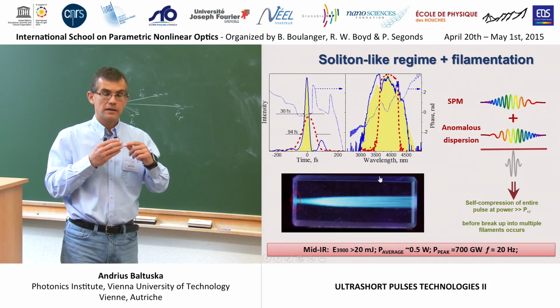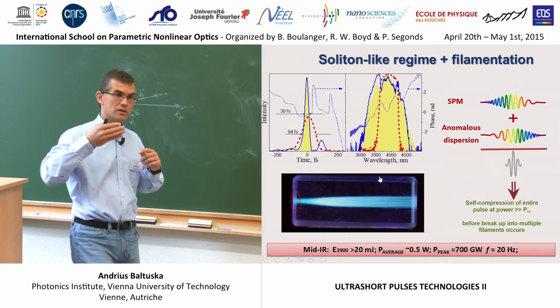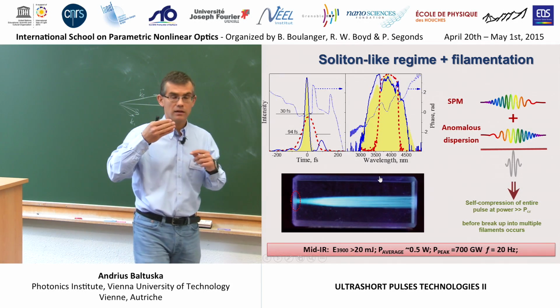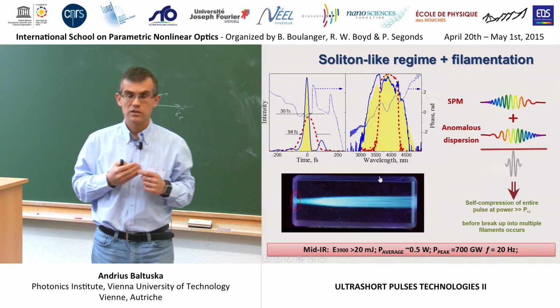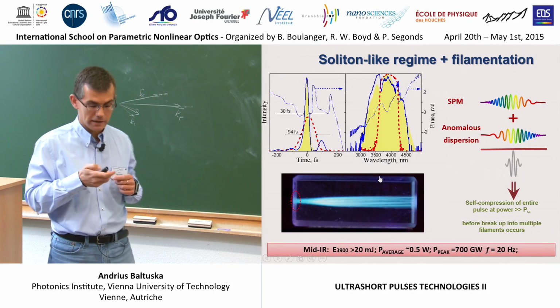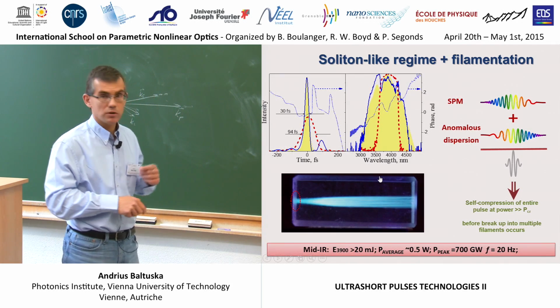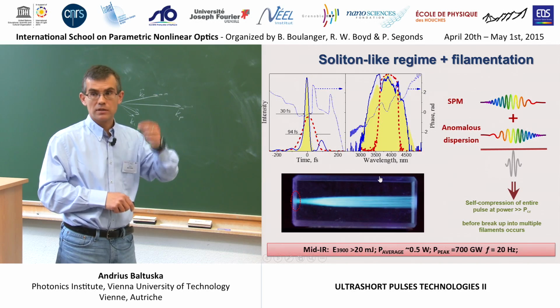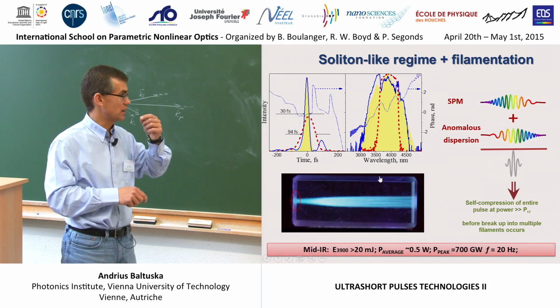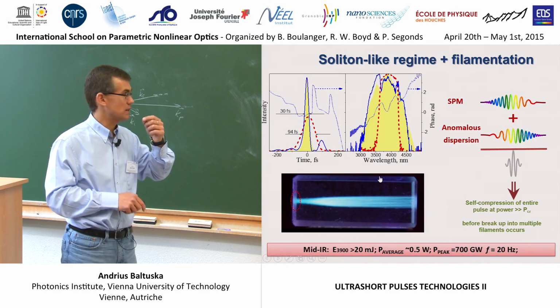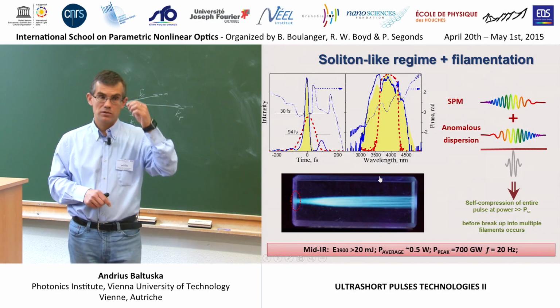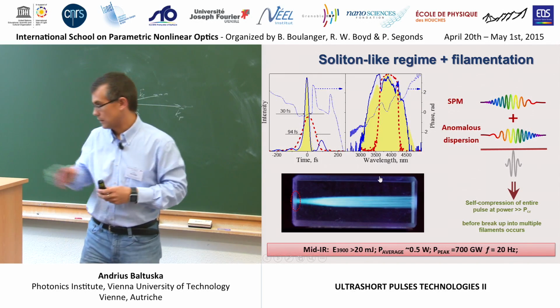So it's the ratio of the strong anomalous dispersion in the mid-IR versus the still relatively strong nonlinearity that allows you to complete the process in a tiny fraction, something like 1 to 2 millimeters of travel through the solid material, and therefore your spatial structure is not impaired yet.